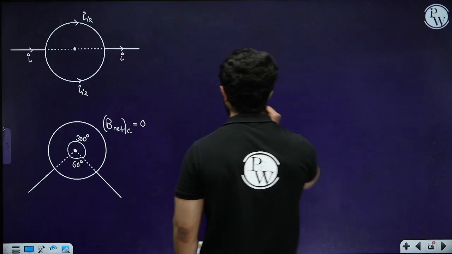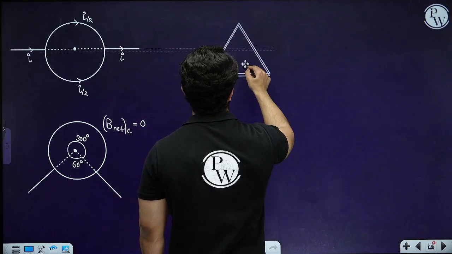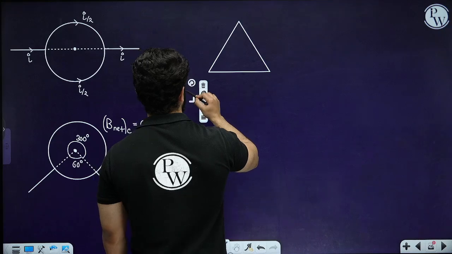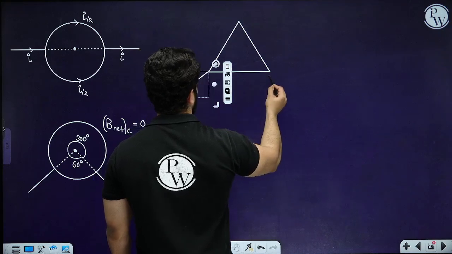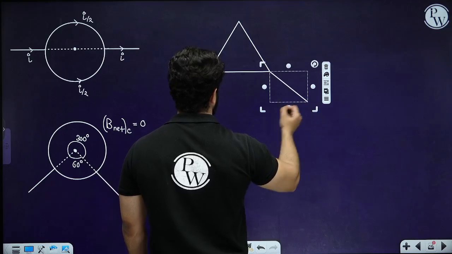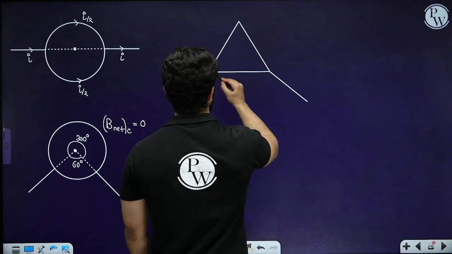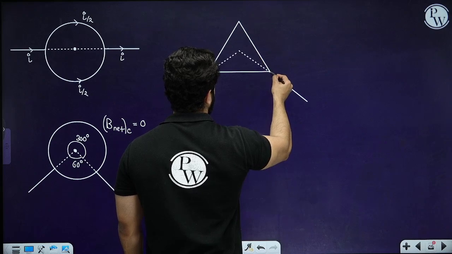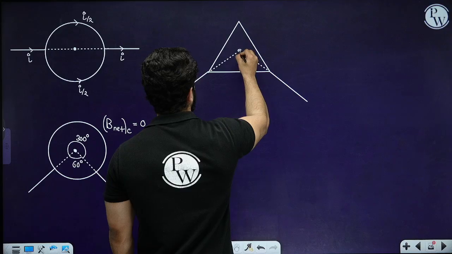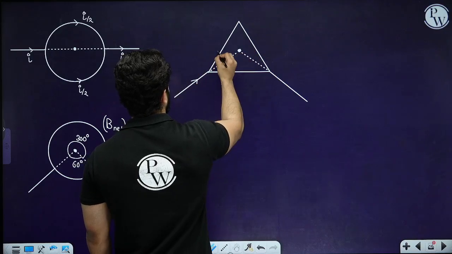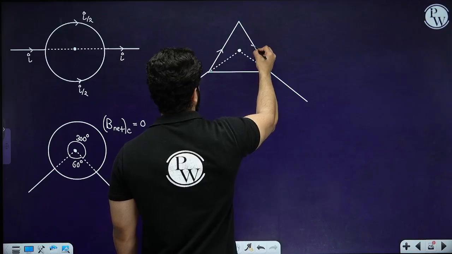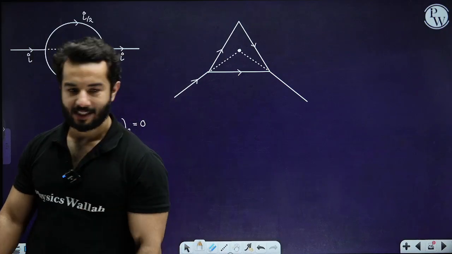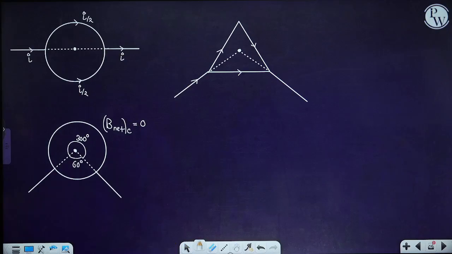Even this will be true for something like this. For this as well, net magnetic field at center will be 0, for a square, everything.